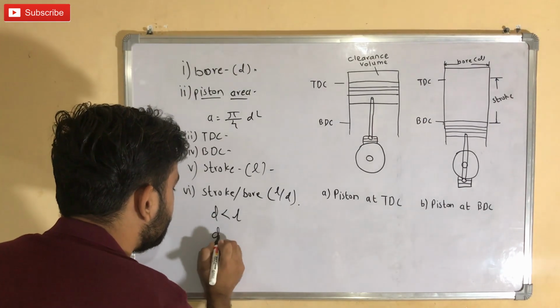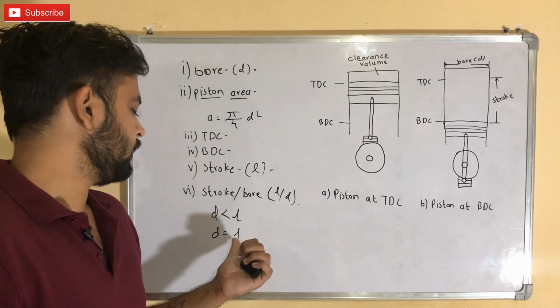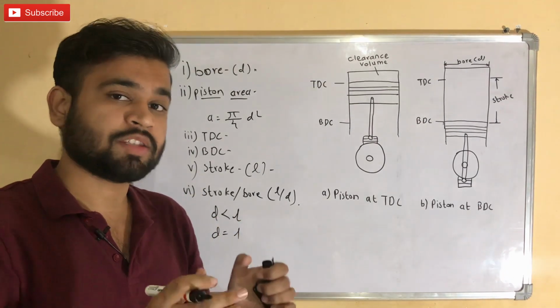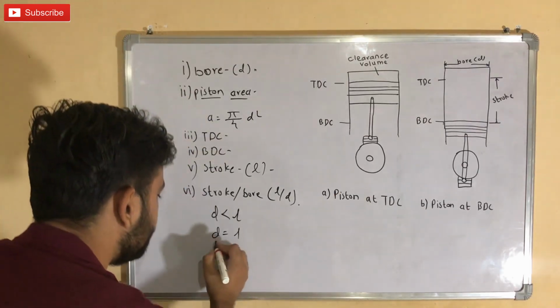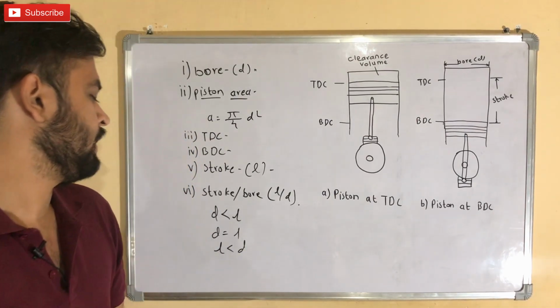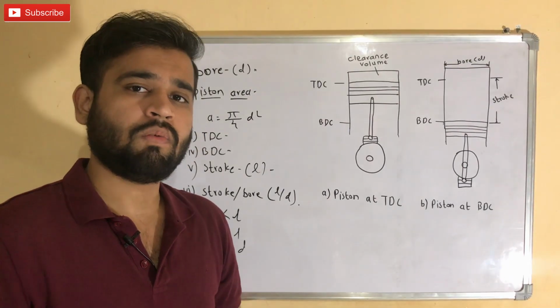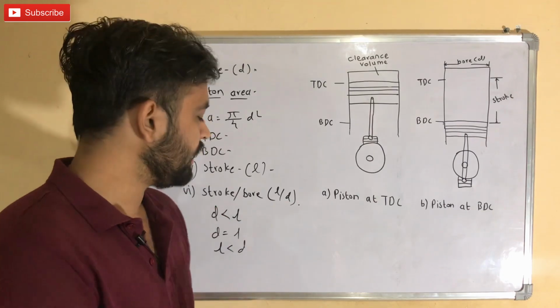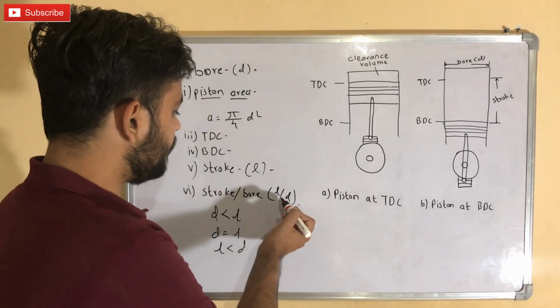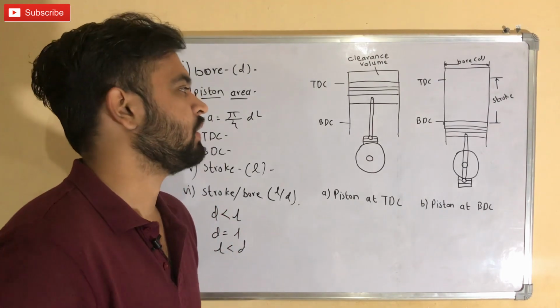Whenever D is equal to L, as the stroke is equal to the bore, it is called a square engine. And whenever L is less than D, it is an over square engine. The over square engine operates at very high speed. We will discuss it in the next lecture.